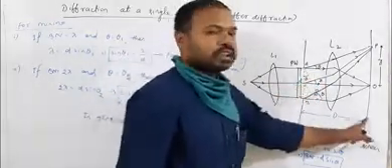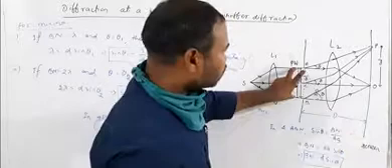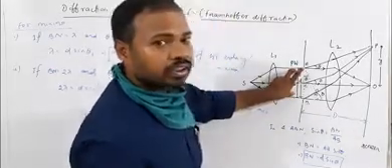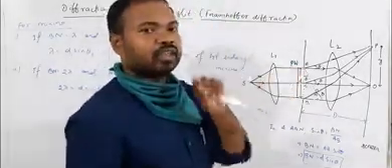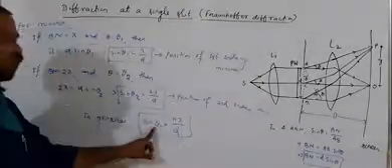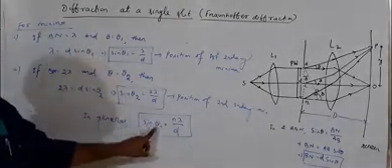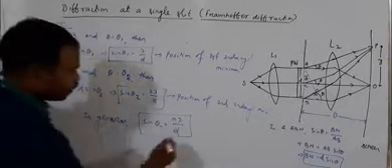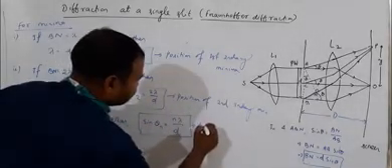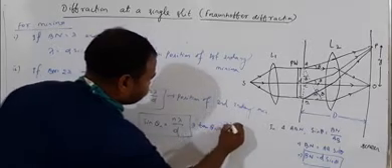The slit and screen are also very close to each other. This single slit is very narrow, and as it is very narrow, the angle is very small. Since the angle is very small, in place of sin theta, I can also write tan theta. This means tan theta n is equal to n lambda by d.